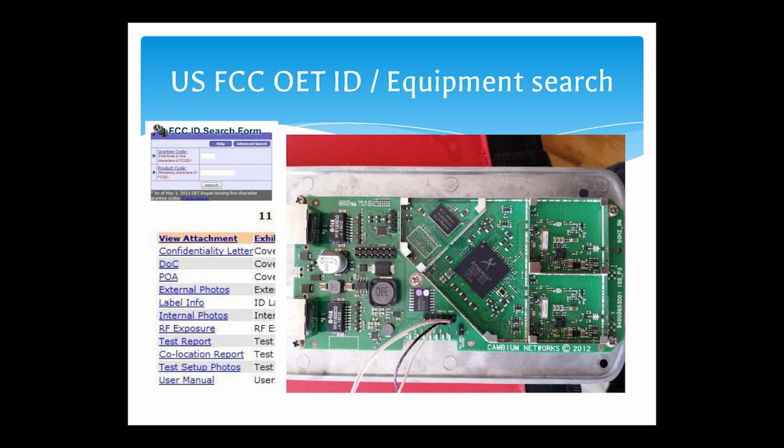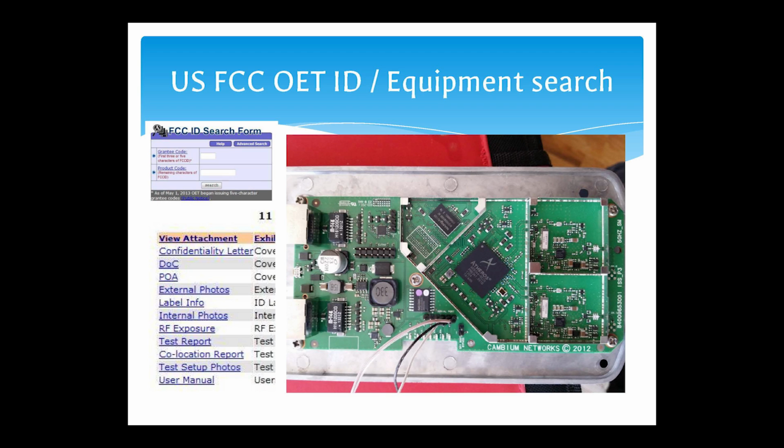There are the test results of what frequencies they use and transmit powers. There are high resolution pictures of the inside of the equipment, so you can tell what chipset they use, whether they use the little surge protector diodes on the Ethernet ports, and other fun stuff.